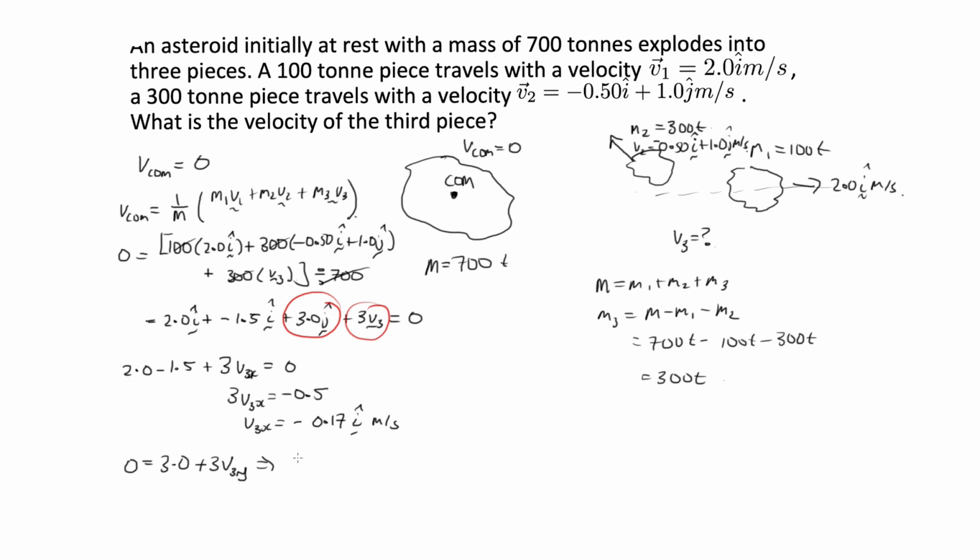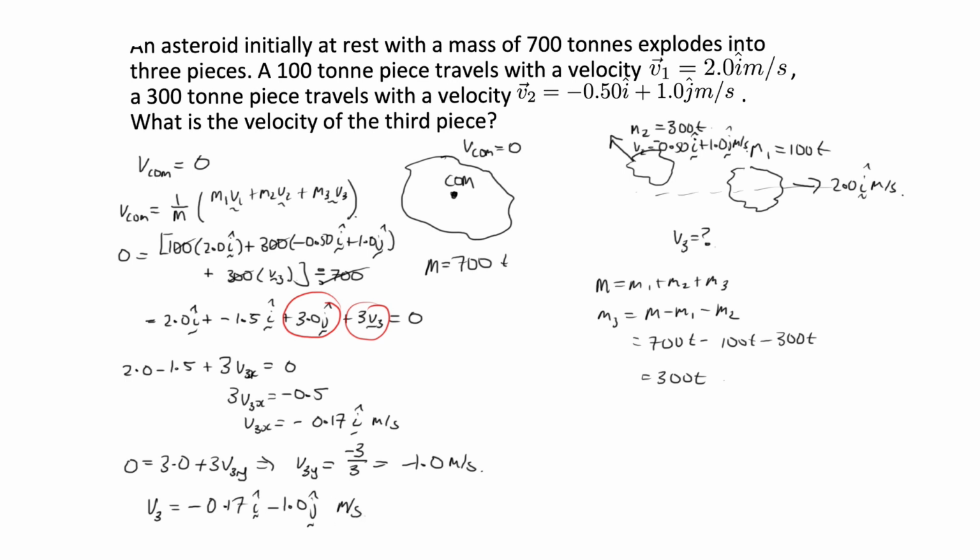So this tells me that v3y is equal to minus 3 over 3, which is equal to minus 1 meter per second. So I can say, well, the velocity of my third chunk of asteroid is going to be equal to minus 0.17i minus 1.0j meters per second.